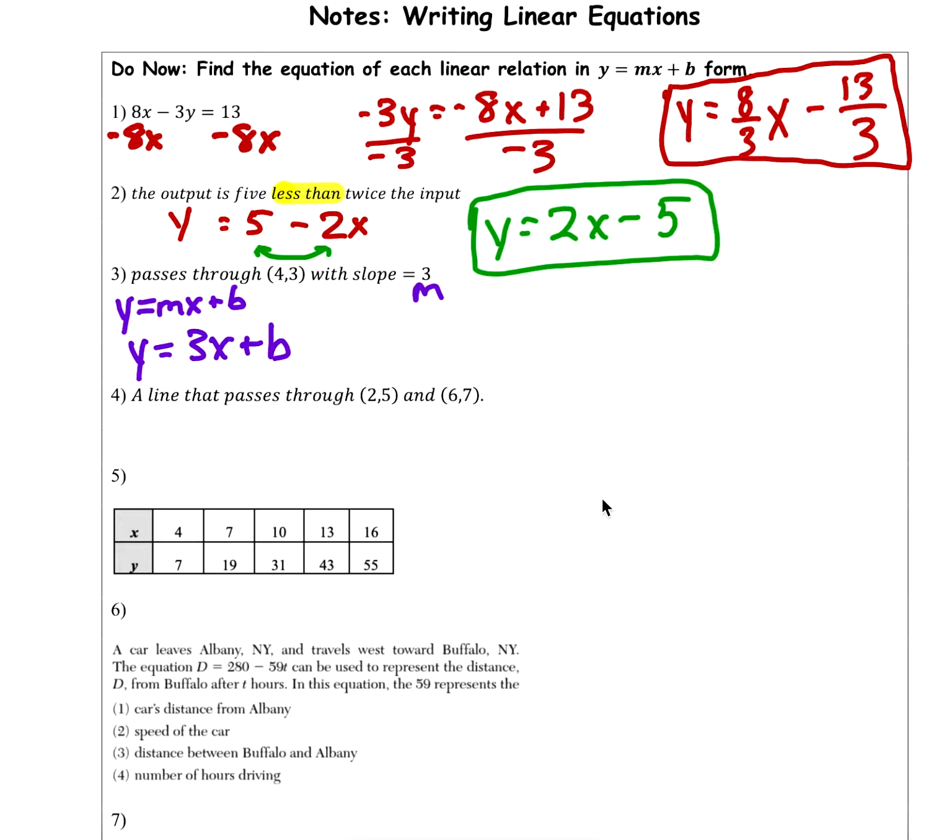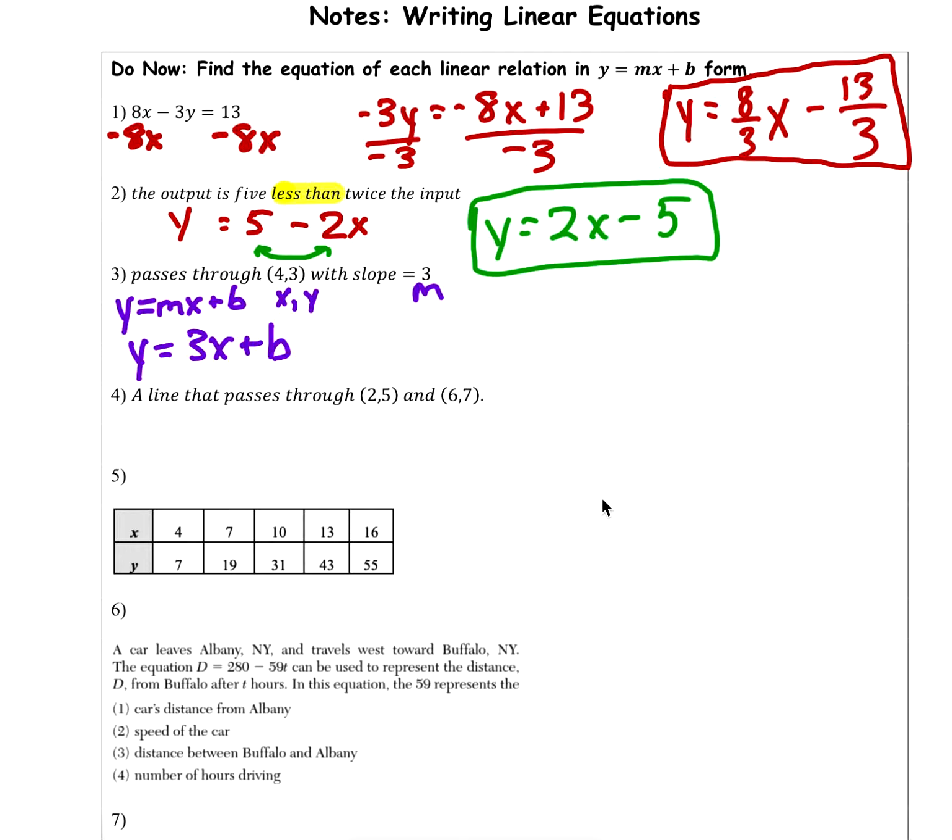So in order to find that b value, you want to take an x and a y coordinate, which we have right here, 4 and 3, x comma y, and plug that into our y equals mx plus b. So I'm going to take the 4, that's going to be the x, and 3 is going to be the y.